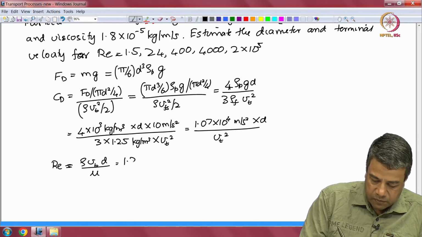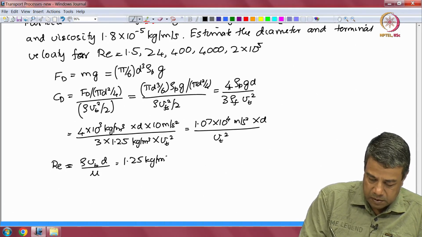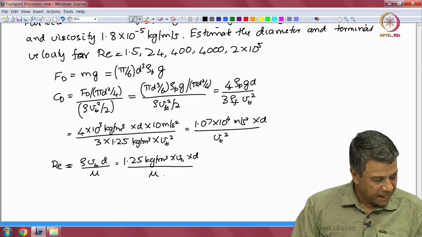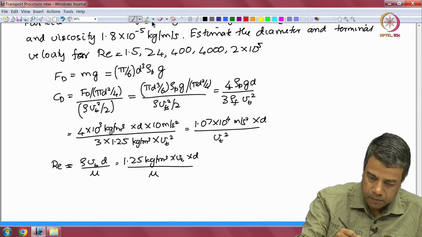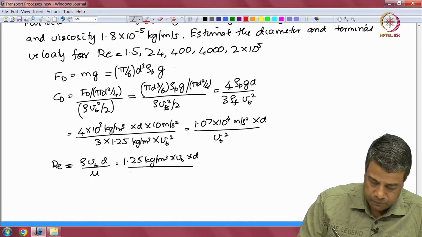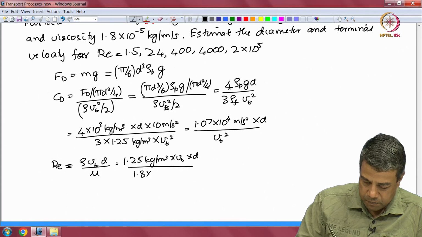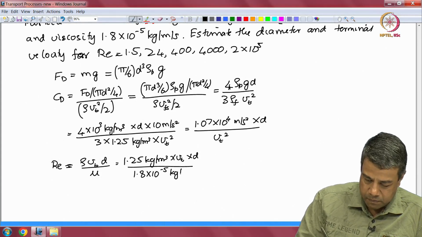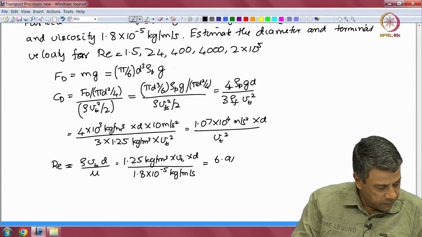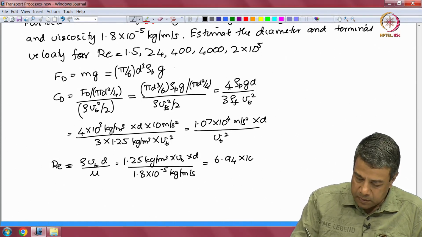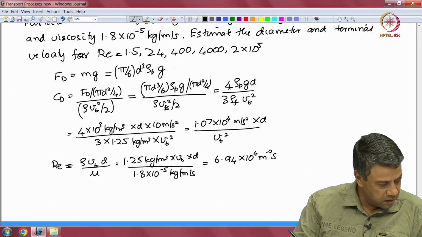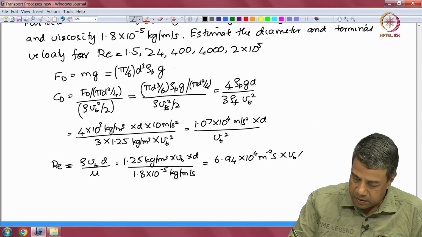This is 1.25 kg per meter cubed into Vt into d divided by the viscosity, which turns out to be 6.94 into 10 power 4 per meter second into Vt into d.